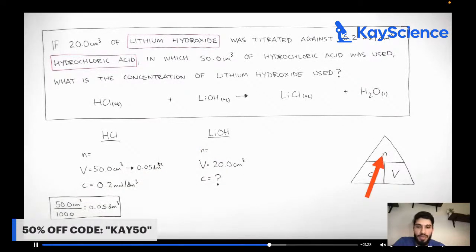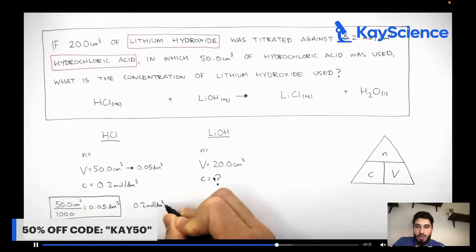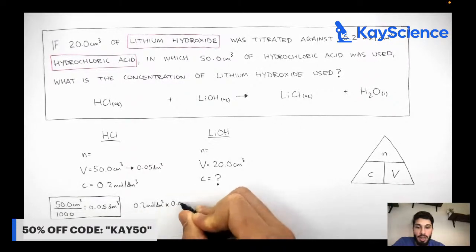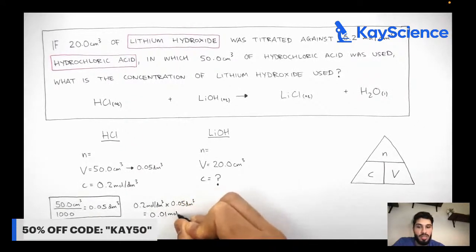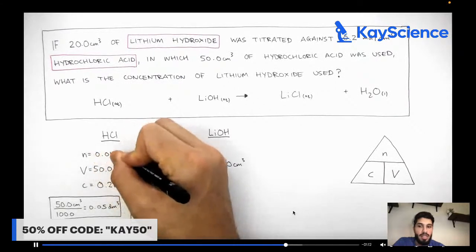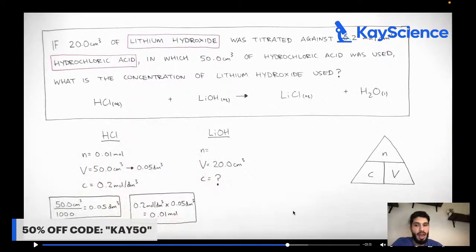We now have these two numbers and we want to calculate the number of moles. So we do concentration multiplied by volume. So we do 0.2 moles per decimeter cubed multiplied by 0.05 decimeters cubed. This equals 0.01 mole. So we write 0.01 mole, okay? At that point, you would have got a couple of marks because you would have converted your centimeters cubed to decimeters cubed and you would have calculated the number of moles.